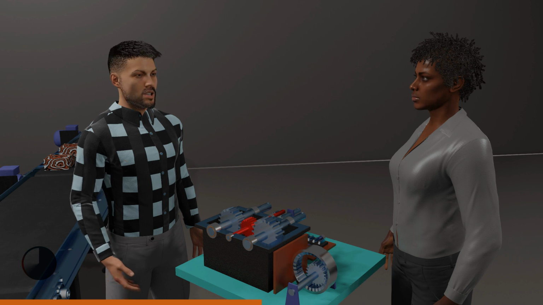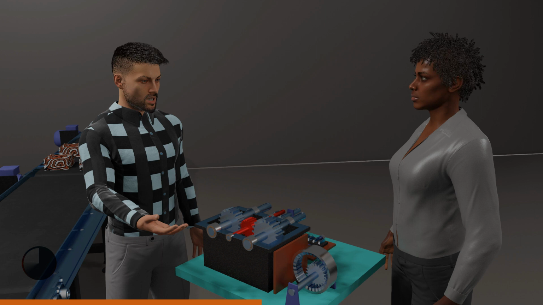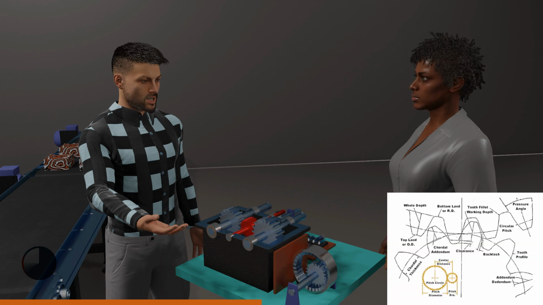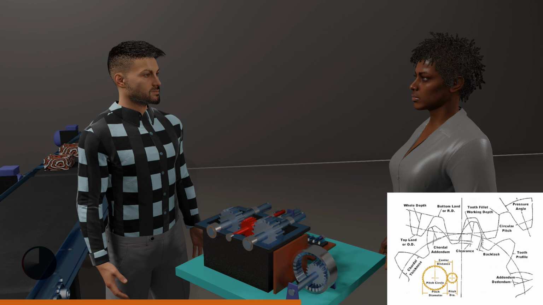Gear sets are usually made with teeth of very specific geometry. And pitch is a measure of tooth spacing and is expressed in several ways, and these are diametral pitch, circular pitch, module, and pressure angle.